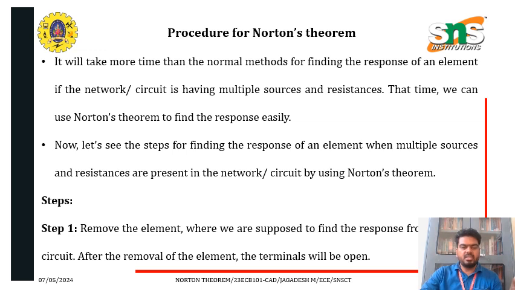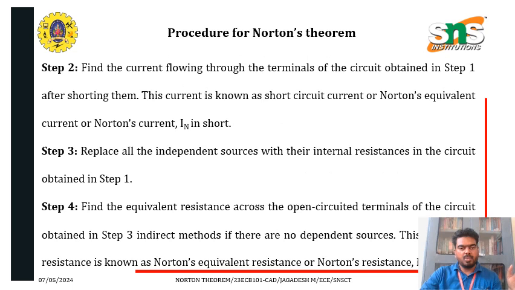Step one is to remove the element where we are supposed to find the response in the circuit. After removal of the element, the terminal will be open. Next, step two, find the current flowing through the terminal of the circuit obtained in step 1 after shorting them. This current is known as the short circuit current, Norton equivalent current or Norton's current, that is IN in short form.